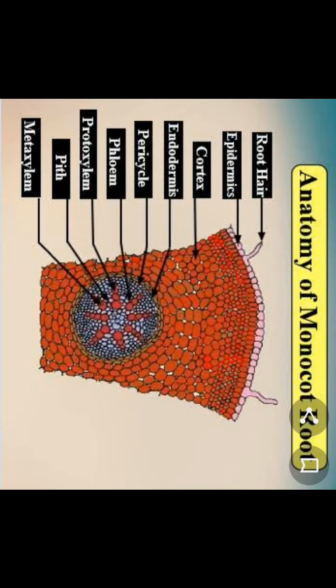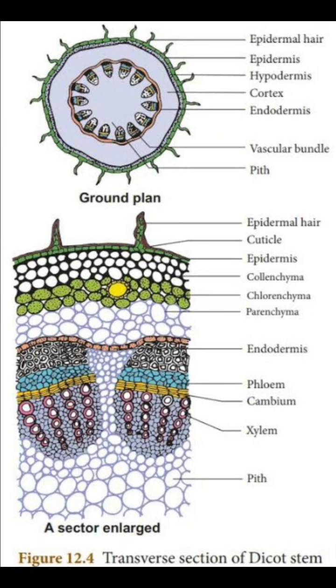Next, students, we are going to discuss the anatomy of one more important structure. The anatomical structure is as follows. Stem. First and foremost characteristic is stem. Now let us see characteristics of dicotyledon stems like sunflower.